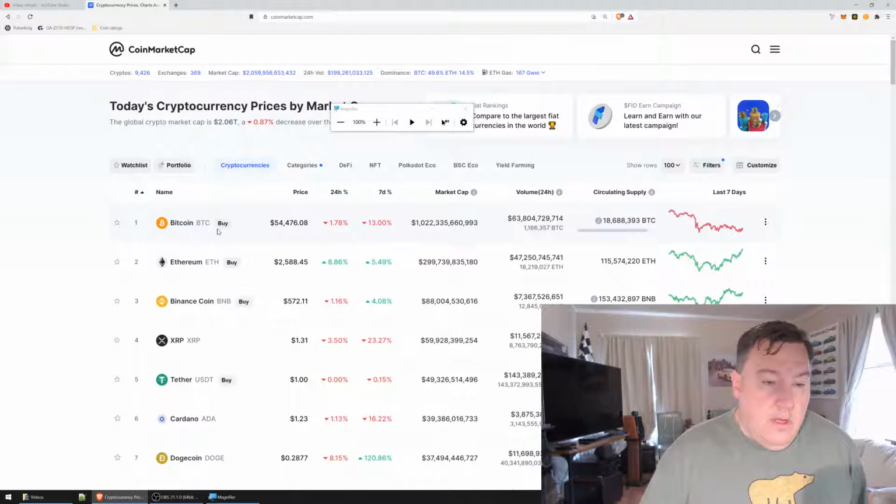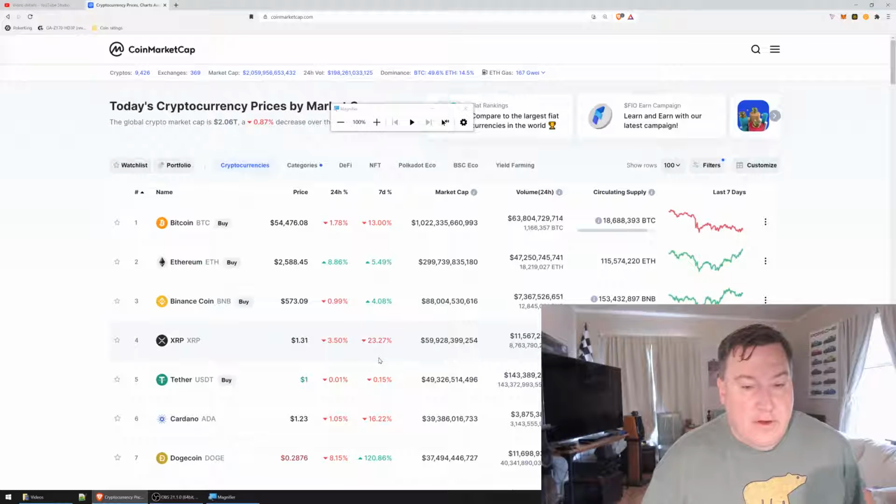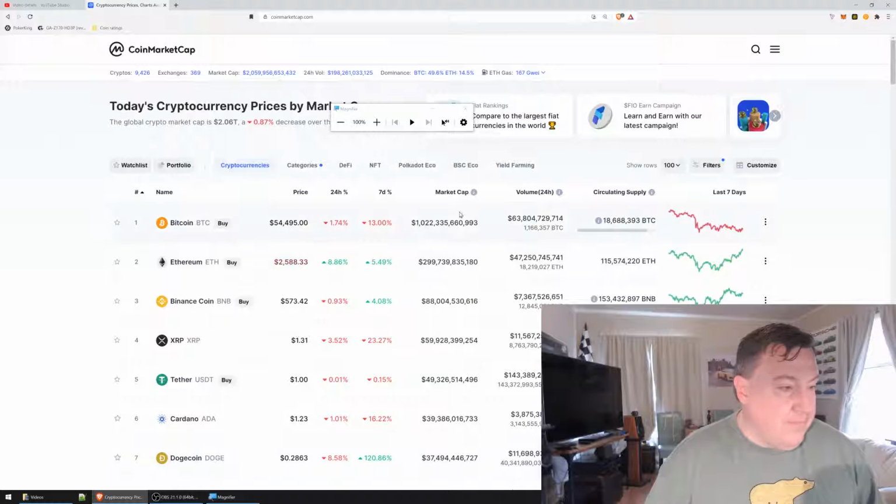So the numbers that I look at, there's a lot of numbers here, and each portion of the screen is interesting to somebody. The part that I'm most interested in is the market cap. That's this field here. And also the position.